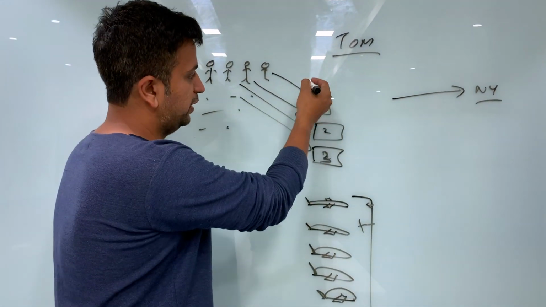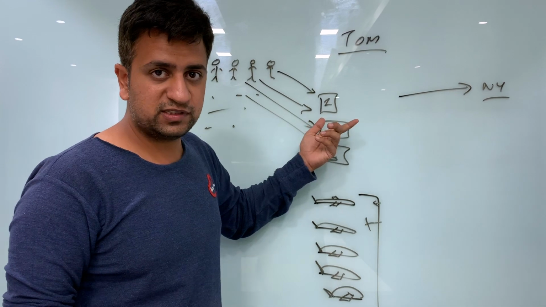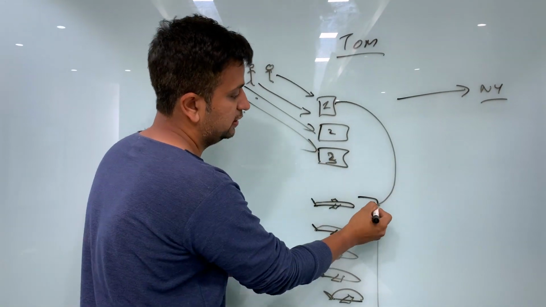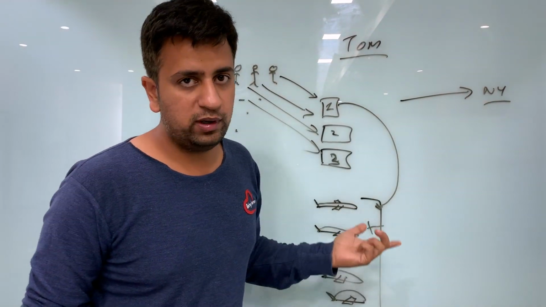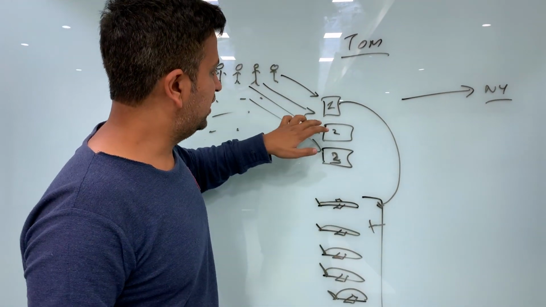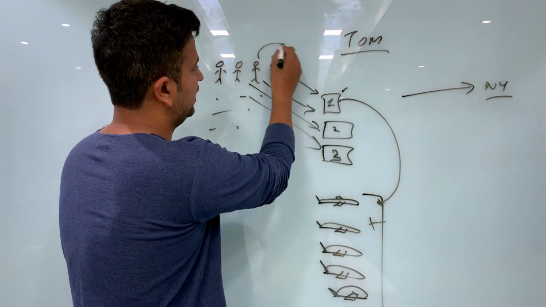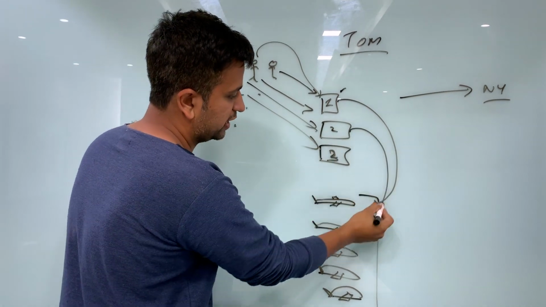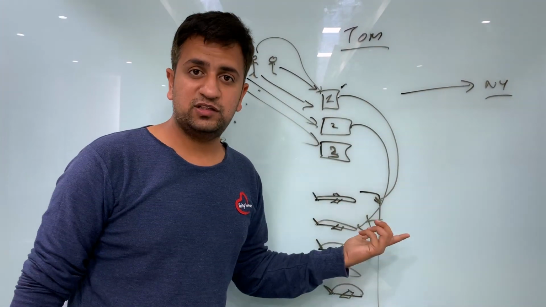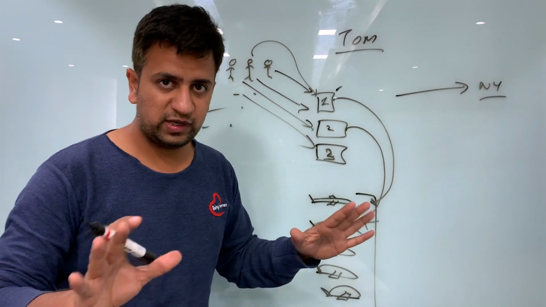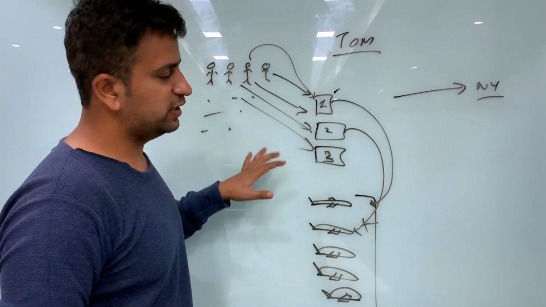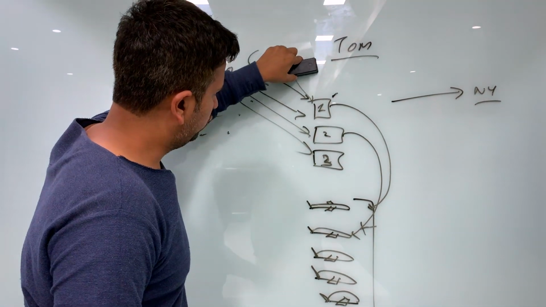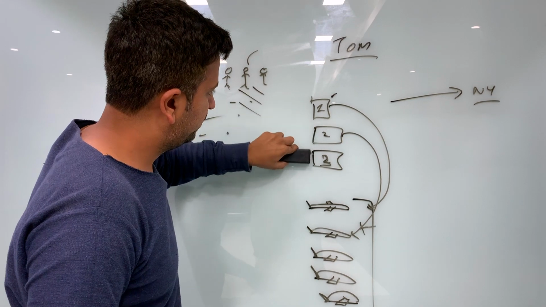One person will come to counter number 1, and when this counter clears a passenger and tells them to board one plane, it immediately becomes free, so the next person comes to this counter. Meanwhile, the other person goes to the second counter, because the second counter has asked its passenger to go to the next aeroplane. Very simple, straightforward. Now assume this one over here, I would like to introduce something.